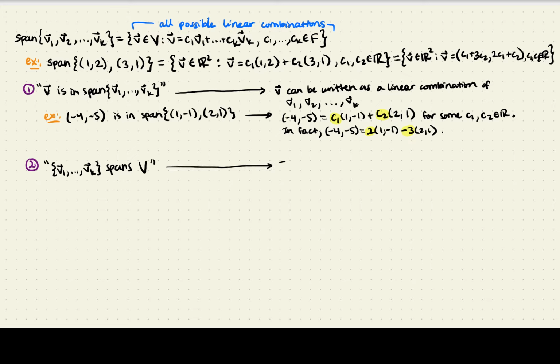That means that the entire vector space, capital V, can be generated or created or built, if you want to think of it that way, by taking linear combinations of those vectors v1 through vk.